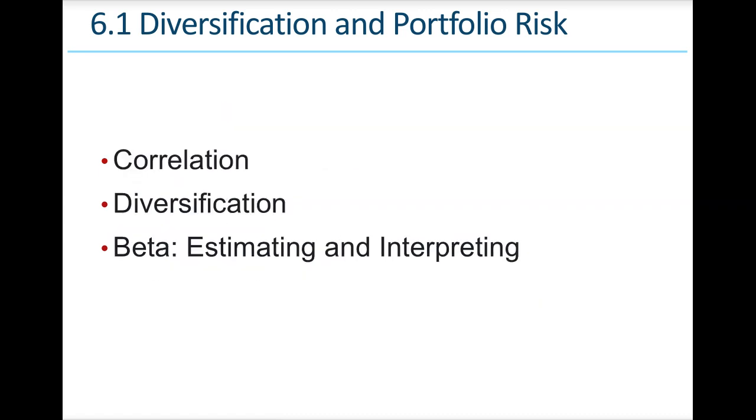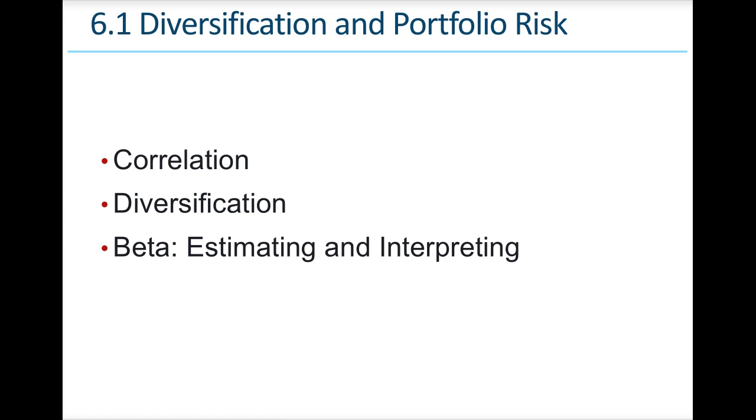So let's talk about beta for a minute. Beta is a measure of undiversifiable risk, something we're going to talk about in a second. Estimating an investment's expected return is going to require measuring its risks. So risk has two components, systematic and non-systematic risk, which we're going to talk about more in a little bit.